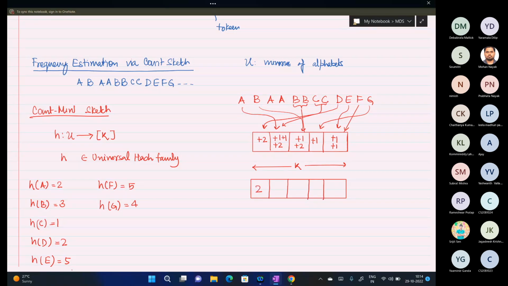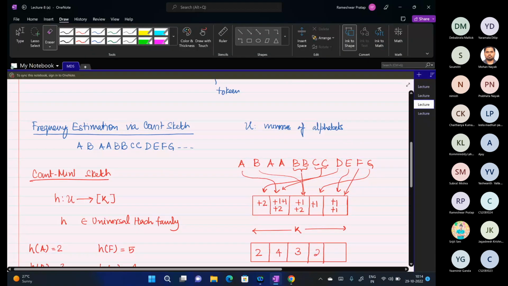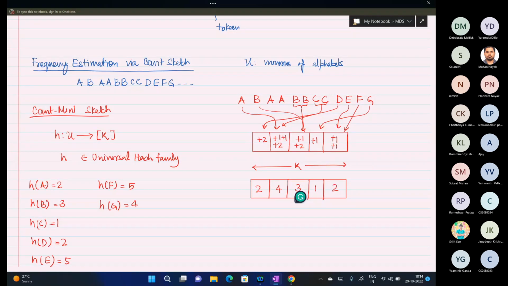So this is 2, 2, 3, 4, 3, 1, 1 and 2. Suppose we need to estimate the frequency of the query item A. Basically we see which bucket A goes to. It goes to the second bucket, so we report the frequency of A as 4.